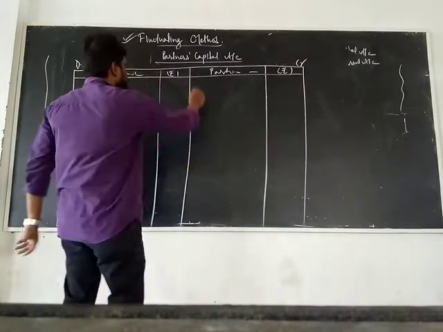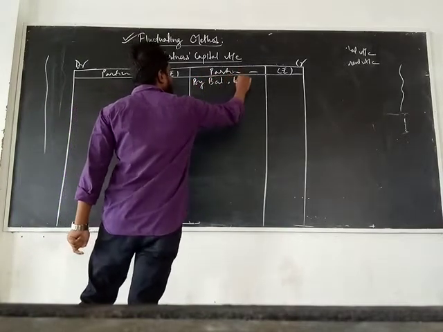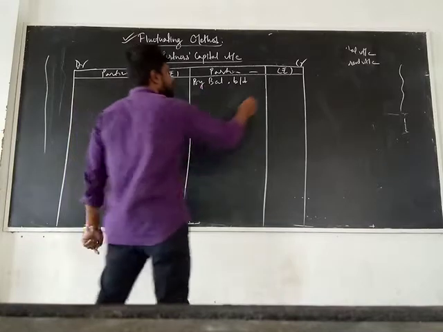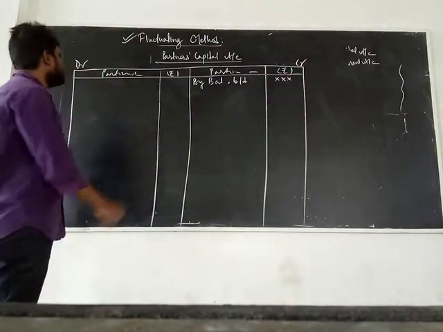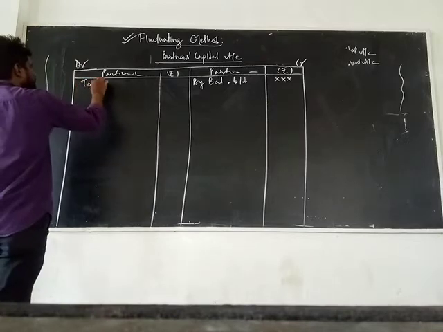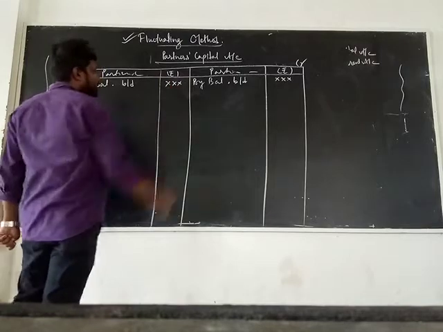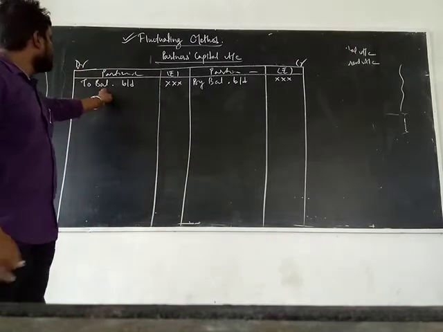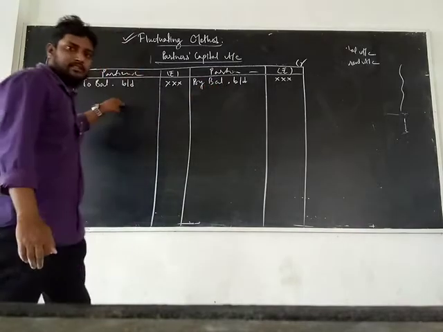Now see, first we will write by balance. This is your previous balance, okay? By balance b/d. So some balances will be there, or sometimes two balances may be there. Now you may ask, sir, how can both be written? No need to write both at a time. Either this or this.